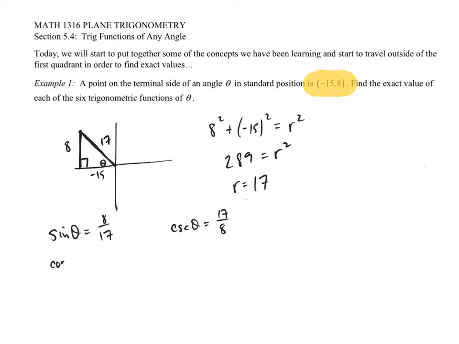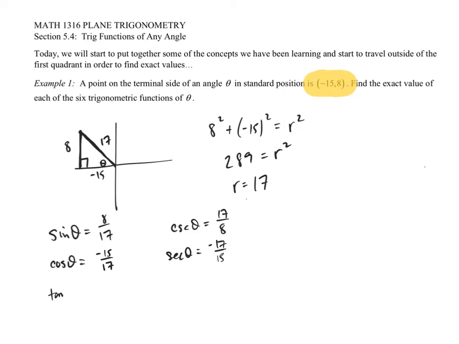Okay, cosine theta is going to be the adjacent side over the hypotenuse. So here's my adjacent side, -15. Here's my hypotenuse, 17, so -15 over 17. And that tells me also that secant theta is going to equal -17 over 15, since I just take the reciprocal.